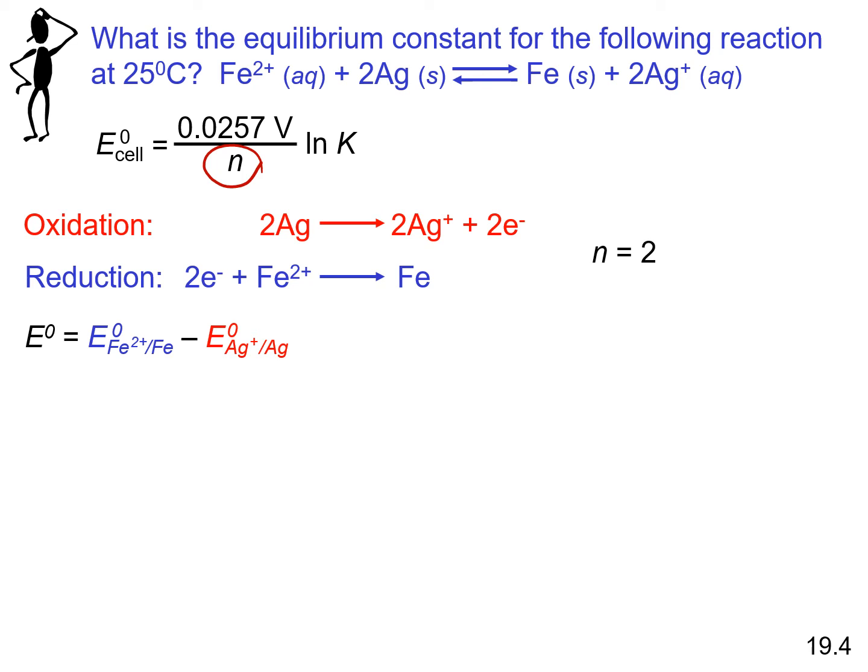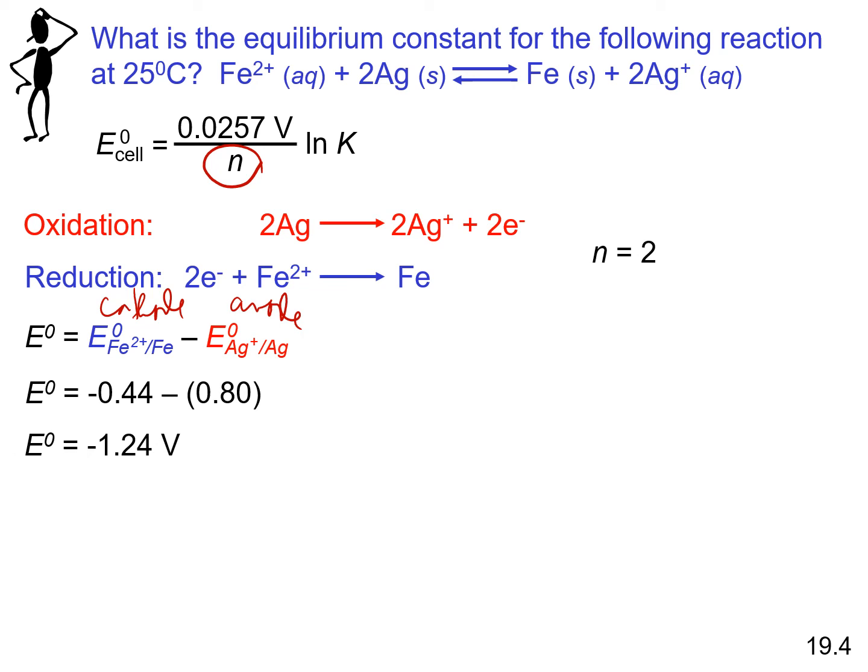So this is our cathode, and then our anode is the reaction silver plus to silver. Okay, and then you get these values. Again, this is our cathode, this is our anode. You get these values from the table, the standard reduction potential table. So that's negative 1.24 volts.